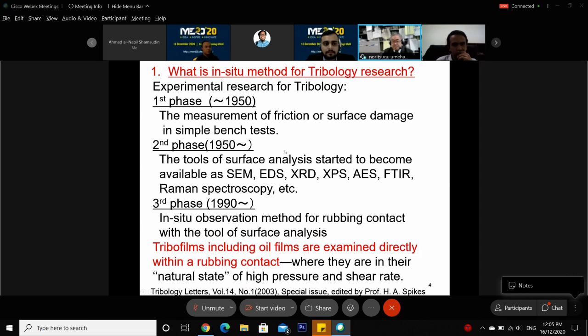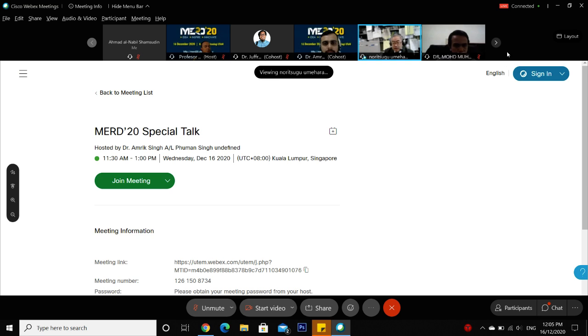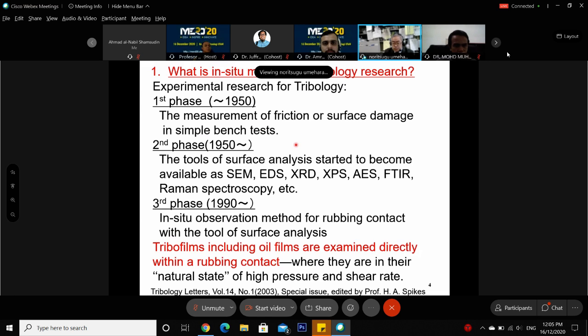Of course, experimental research for tribology has a long history. Up to 1950, there was the measurement of friction and surface damage in simple bench tests. After 1950, tools of surface analysis started to become available, such as SEM, EDS, XRD, XPS, AES, FTIR, and Raman spectroscopy.